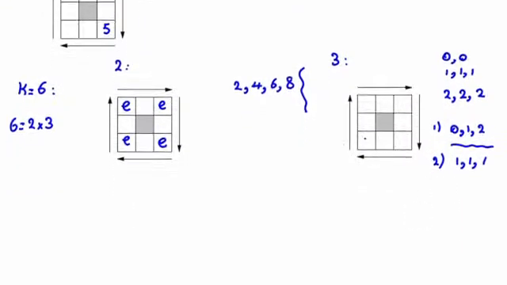Let's check these two cases. At first, I want to check case 2. If we have, for example, 1, 1, 1 here, then in this place we don't have 1. So we have to select what? 2, 2, 2. 3 twos. Okay. And without loss of generality, we consider 3 ones here, because if it is here, it will be the same.